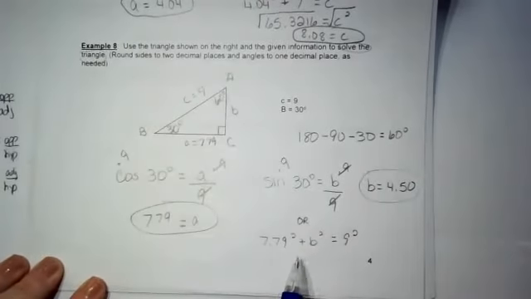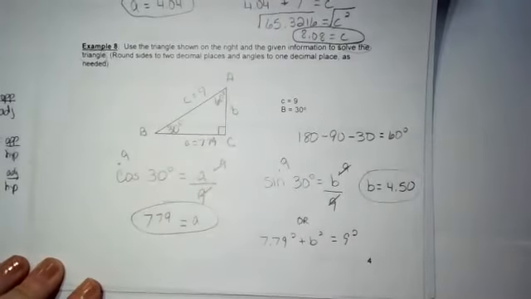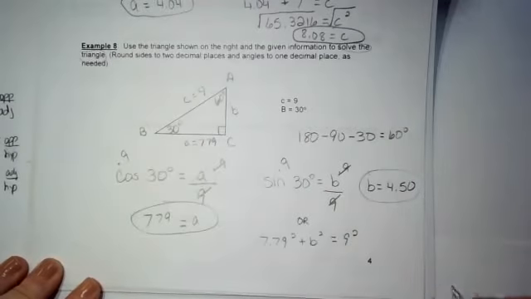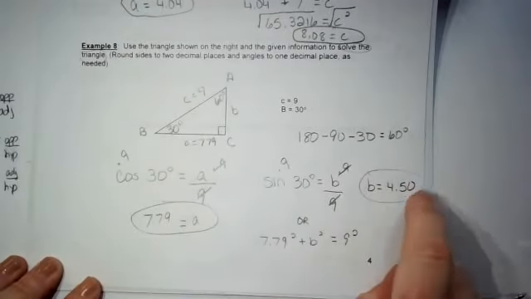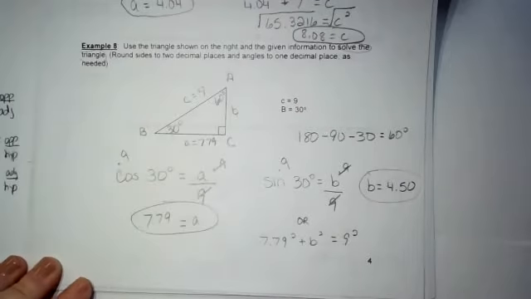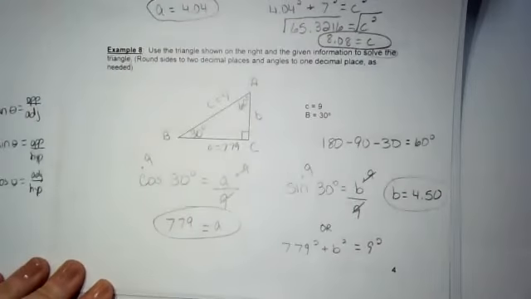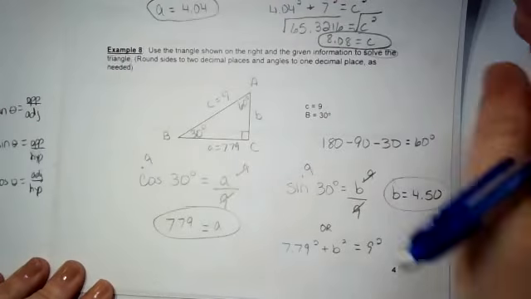If you wanted to do it the other way, you're going to have to rearrange it a little bit and solve for B, but you're going to get the same answer. So it's your choice. Does that make sense? So far, law of triangles, Pythagorean, and SOHCAHTOA. You can get through anything with those, with the right triangle.